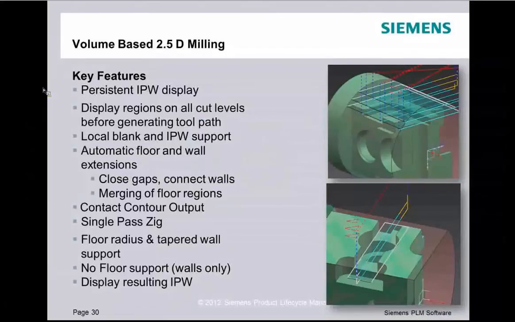One of the new functionalities within NX 8.5 is a volume-based 2.5D milling. This is using an IPW aware replacement of face milling. It is a very powerful new operation, and we already have an existing tech tip showing more about this.